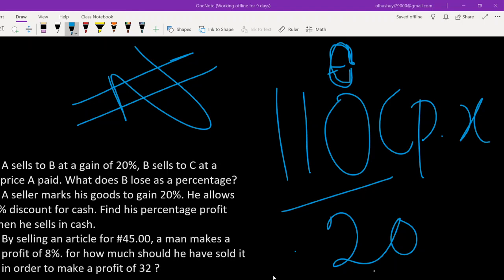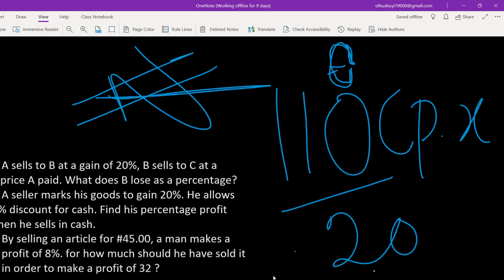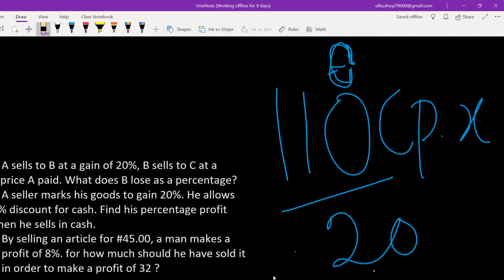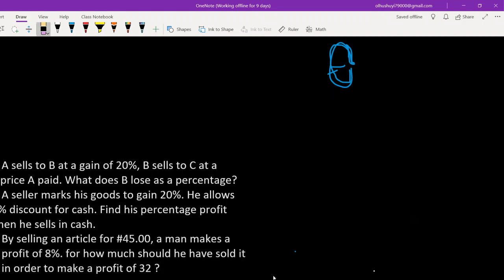Question 1 says: A sells to B at a gain of 20%. B sells to C at a price A paid.